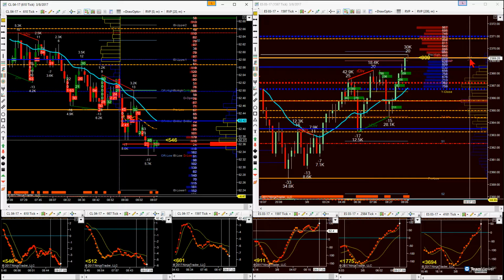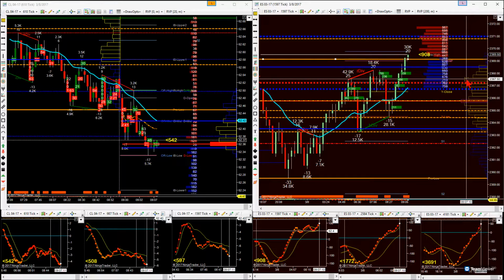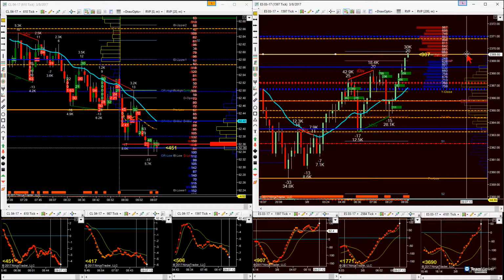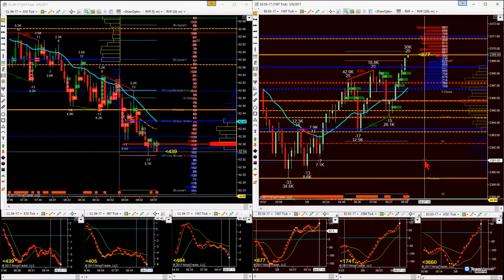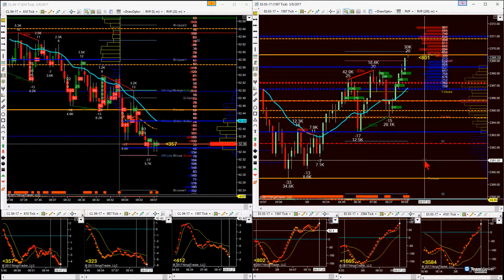S&P continuing to push higher overnight. Still BBs pointed down. Nothing to say that we're looking for a reversal here. That's not to say it can't happen.